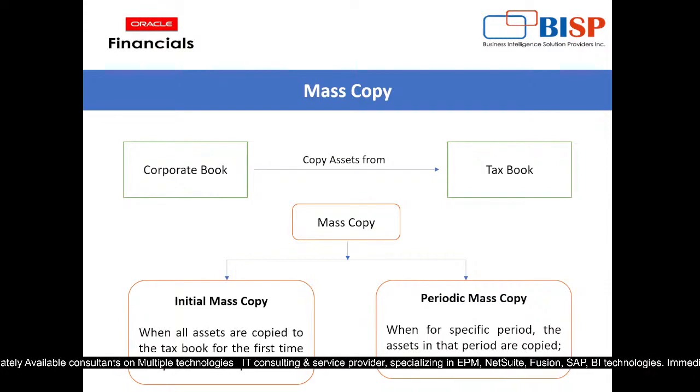There can be two types of mass copy: the first is the initial mass copy, and the second is the periodic mass copy.